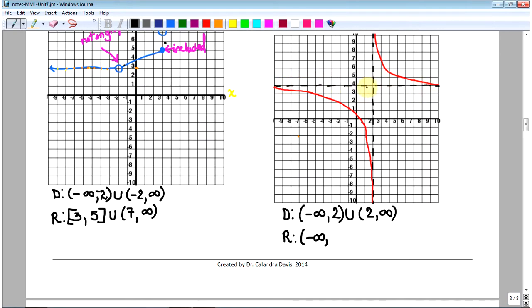Since there's an asymptote there and my graph does not cross the asymptote, that means that's where this interval will end. It never has a y value of 4, so we do a parenthesis there. As soon as we go bigger than 4, there are points on the graph again that continue up to infinity. So that last interval would be from 4 to positive infinity.